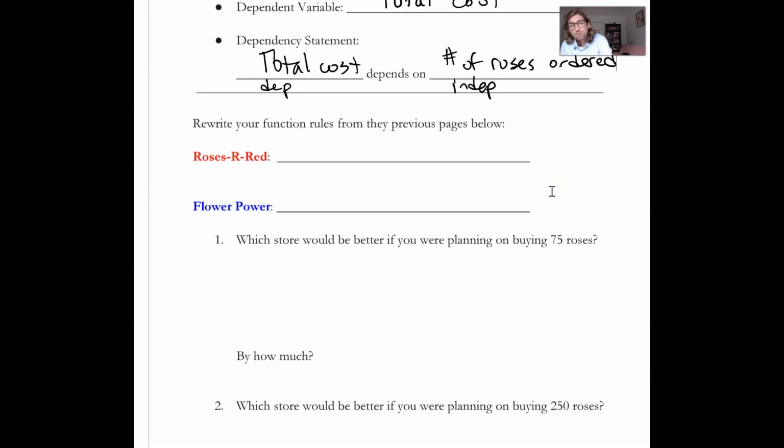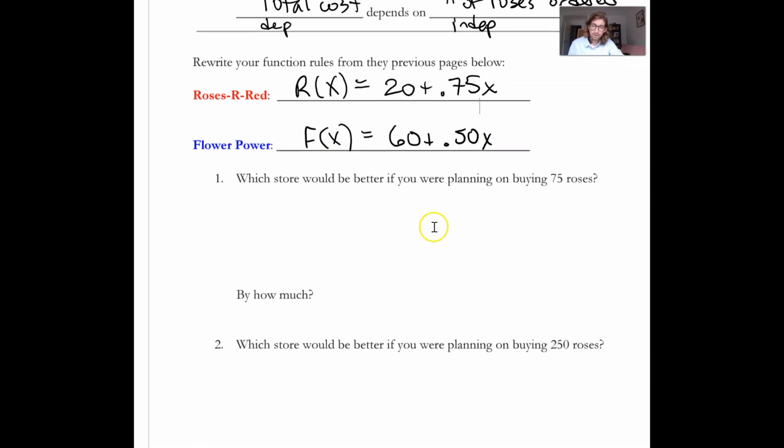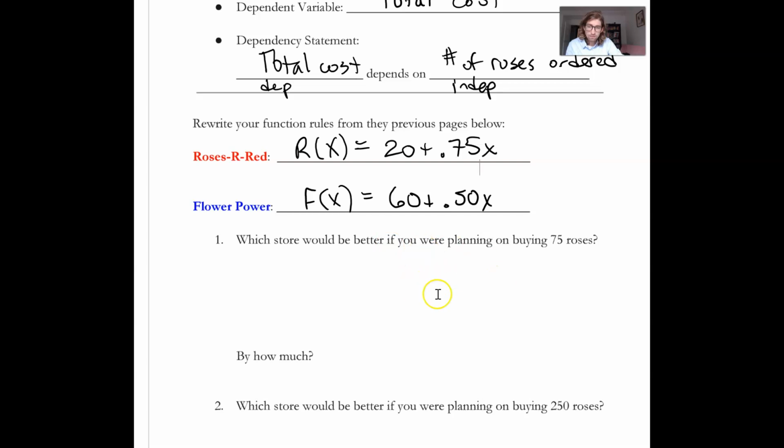All right, our rules from the previous page. Let me see if I remember these without having to look them up. The last one was 60 plus 0.5x, so that was Flower Power, and our first one was a $20 fee plus 75 cents per rose, so 20 plus 0.75x. Which store would be better if you were planning on buying 75 roses?